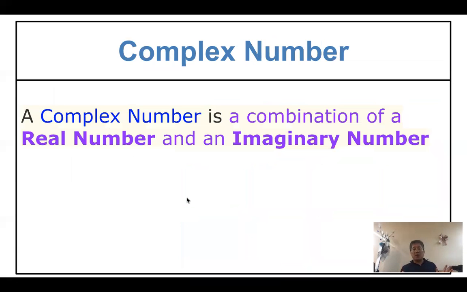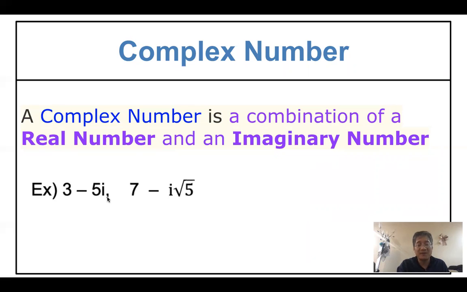And then we'll go to the complex number. What is the complex number? It's a combination of a real number and an imaginary number. Real number and imaginary number together, how do you write it down? For example, 3 is a real number, or 0, you can see here 0, right? Then when the real number part is 0, you will have only the imaginary number part.